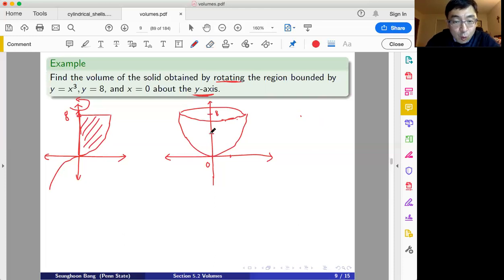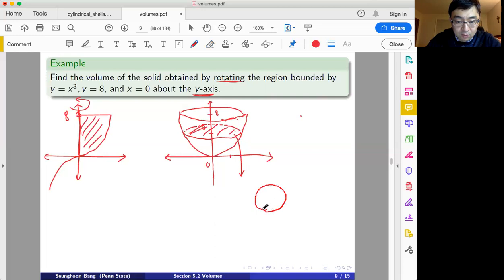Only choose the y value, and cut this solid using a horizontal plane passing through y. So this is a cross section. The cross section is exactly a circle.